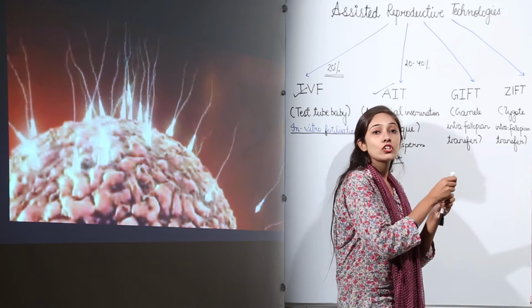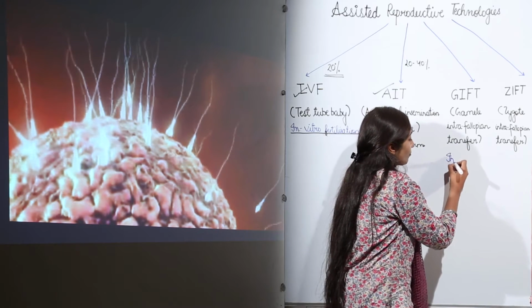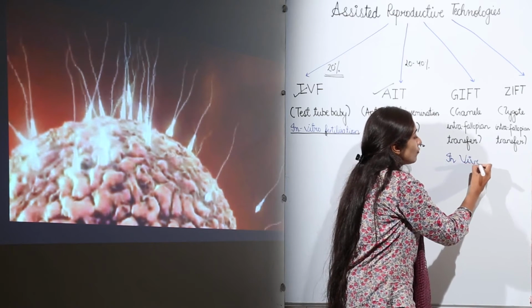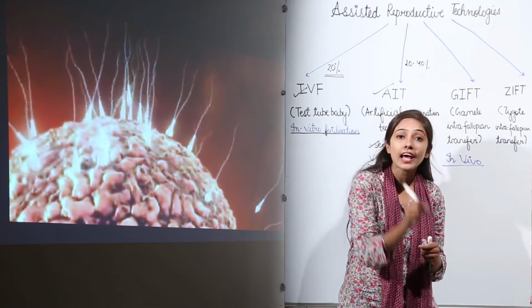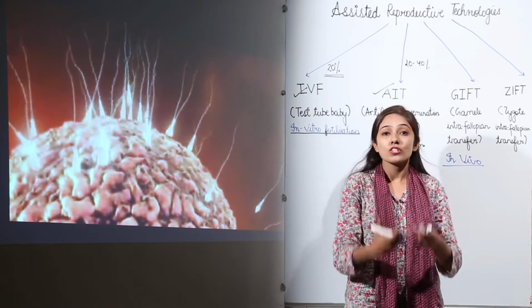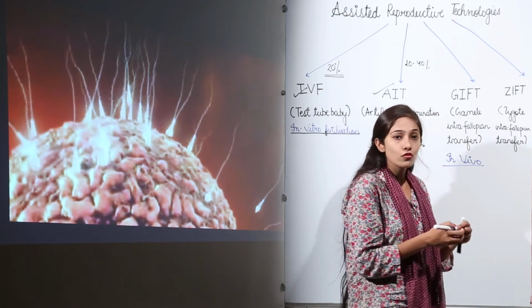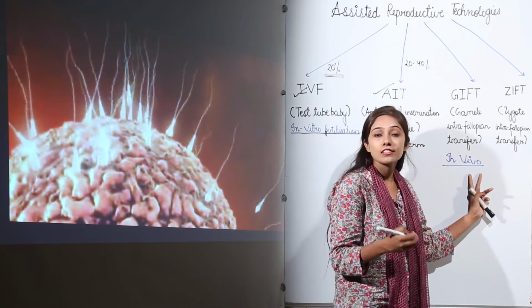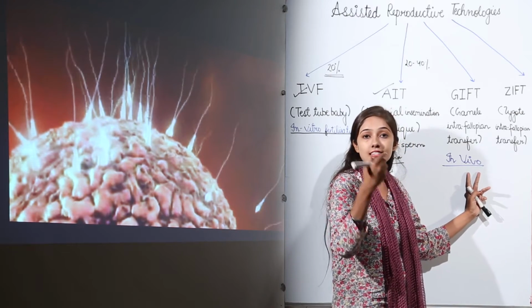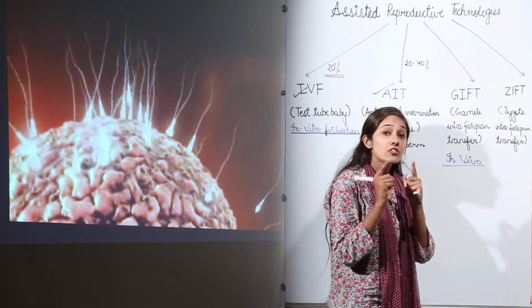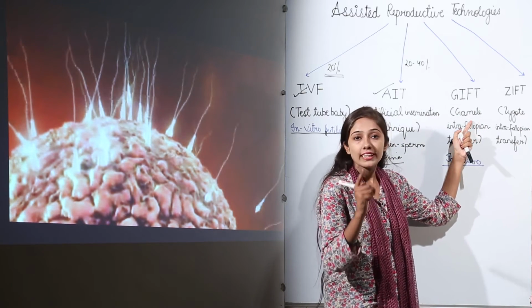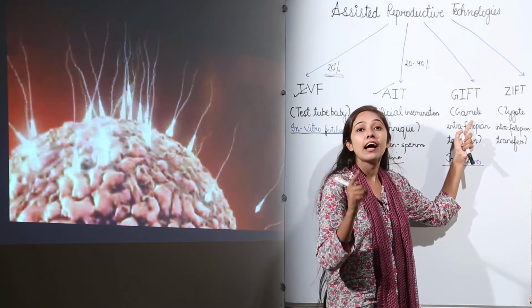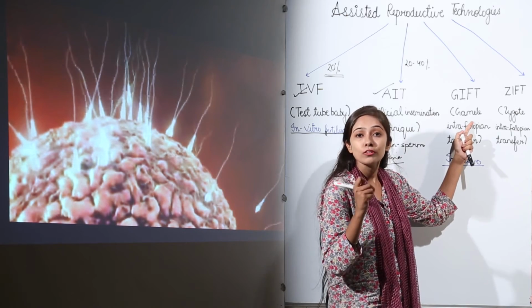Now this is actually in vivo fertilization, means the fertilization is taking place inside the body of the organism. Just remember that we have only transferred the gametes, that is the sperms from the male and the egg or the ova from the female.